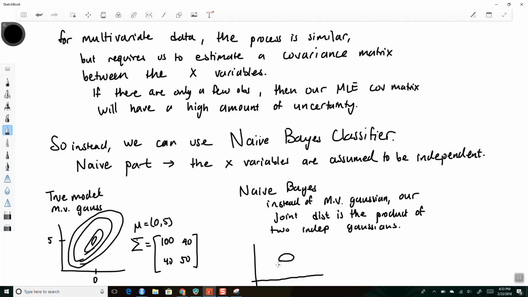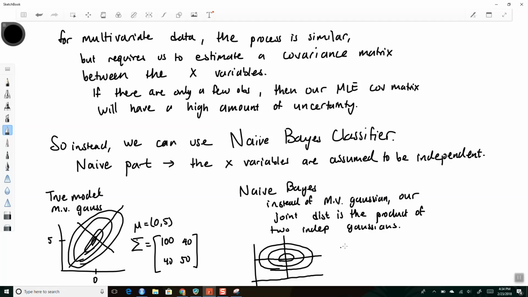Well, it looks like concentric ellipses where the axes of the ellipse are perpendicular. There's some name for it, it's not the axis of an ellipse, but you know what I'm talking about. Rather than over here, where the axes of the ellipse are not parallel to the x and y axes. They might be at some kind of angle.